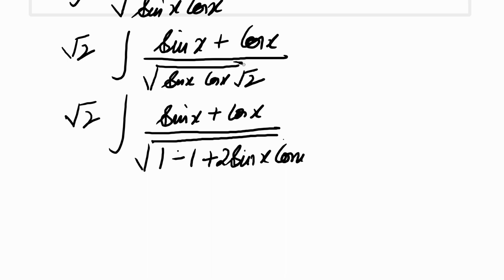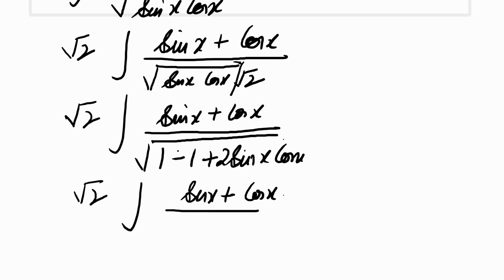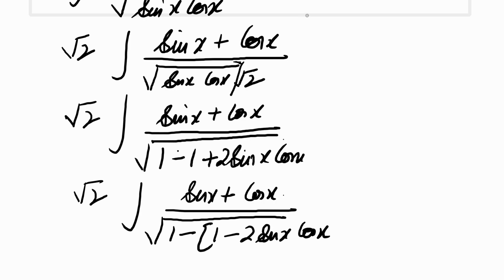Here these are different root 2's. So now the root 2 will come inside this root 2. Now you can see what we are doing here. We will write it down like this: sin x plus cos x under root 1 minus 1 minus 2 sin x cos x, and everywhere we have dx.